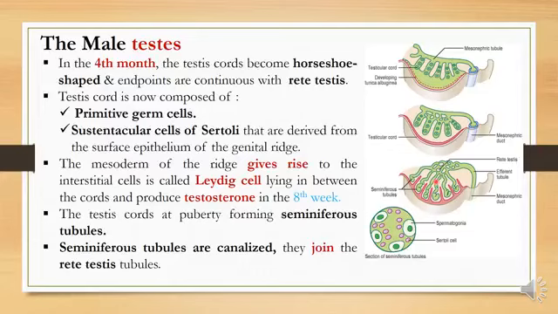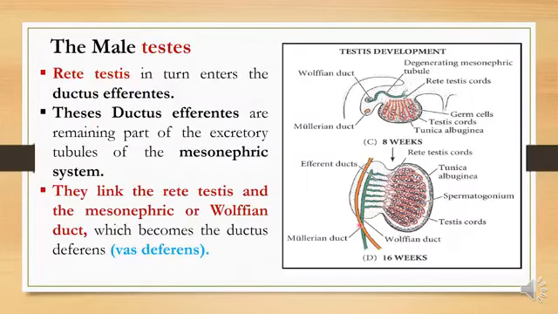You can see the seminiferous tubules canalized and joining the rete testis tubules. The rete testis in turn enters the ductus efferentes, which are the remaining parts of the excretory tubules of the mesonephric system. The ductus efferentes link the rete testis and the mesonephric or Wolffian duct, which becomes the ductus deferens or vas deferens.